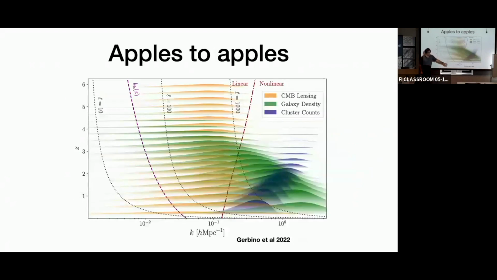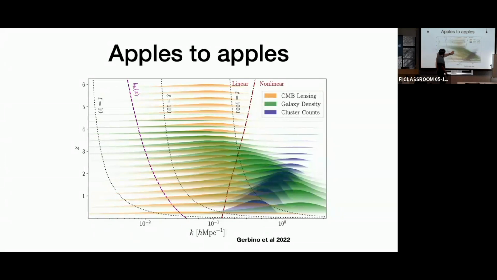Here is a plot by Gerbino et al., which tells you how the kernel of weight from different redshifts and scales fits into any individual measurement of S8. Nobody goes out to 8 megaparsecs and looks at how much fluctuation there is right there. You do some combination of measurements over redshifts and scales, and then you put that into a model and extrapolate it to this 8 megaparsec scale.